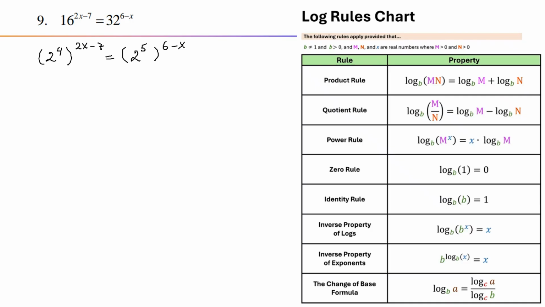Now we have a to the power of m times n. Okay, so 2 to the power of 4 times 2x minus 7 equal 2 to the power of 5 times 6 minus x.